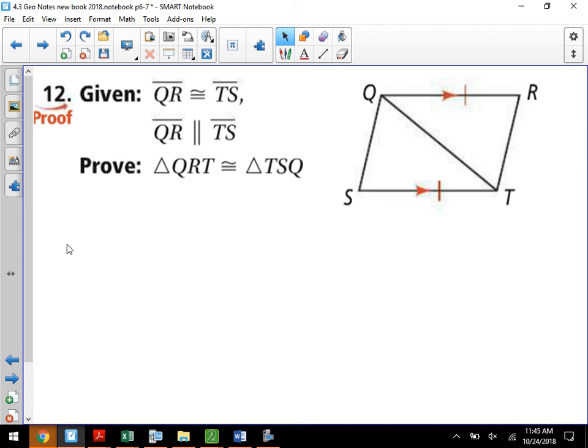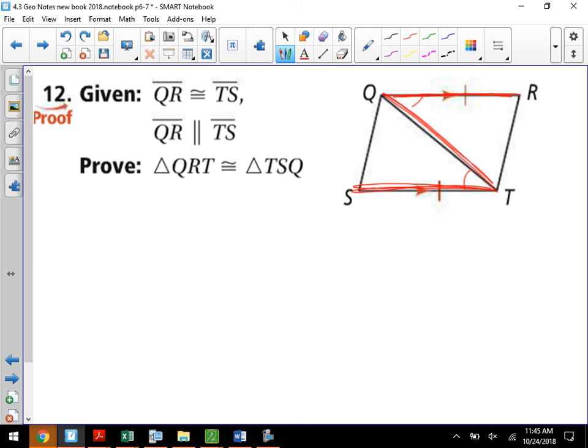If you look at that problem and you trace the ones that were parallel, Z, parallel. Where it changed directions will be the angles that are congruent. Where it changes direction means those are the angles that are congruent. I can't say Q and T, I have to use three letters because there's multiple vertices there.